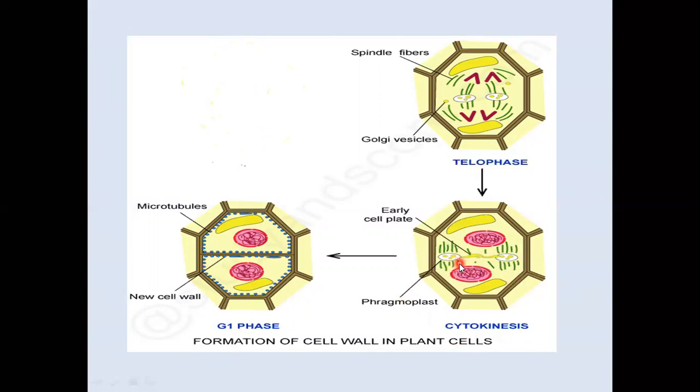You can see the vesicles from the Golgi apparatus and endoplasmic reticulum associate with one another and form a cell plate, and this is how the new cell wall is formed. So the division of the cell occurs. This is one cell, this is another cell. So first the middle lamella, then the primary wall, then the secondary wall form. So cell wall formation occurs.